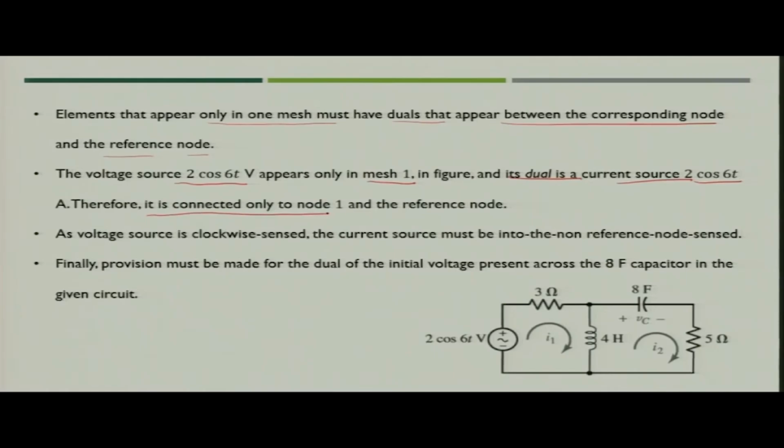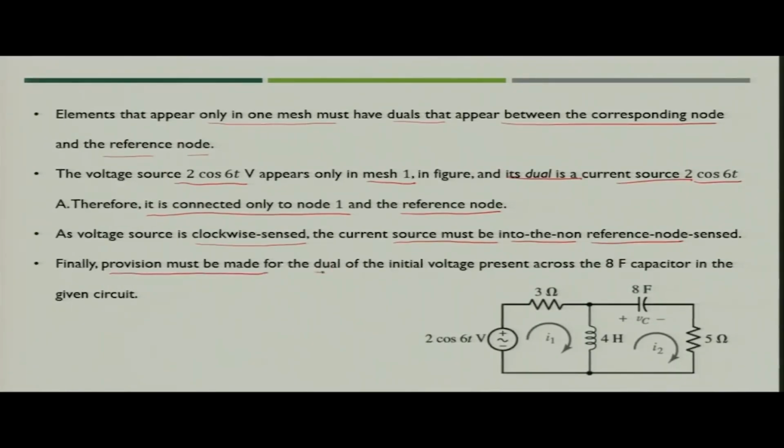Therefore, it is connected only to node 1 and the reference node. Now, the clockwise voltage source, that means the voltage which is giving the current flowing in a clockwise direction, its dual would be a current going inside the non-reference node.